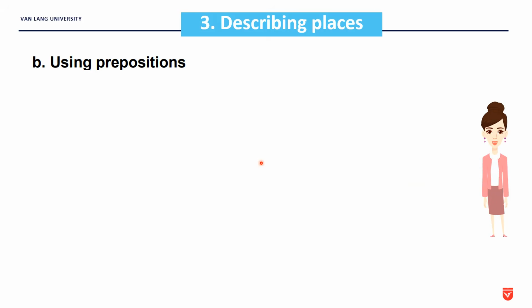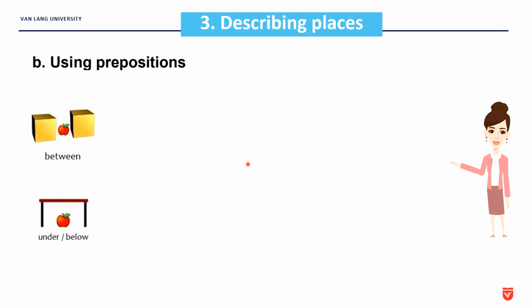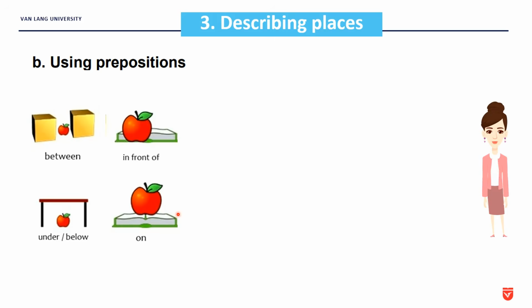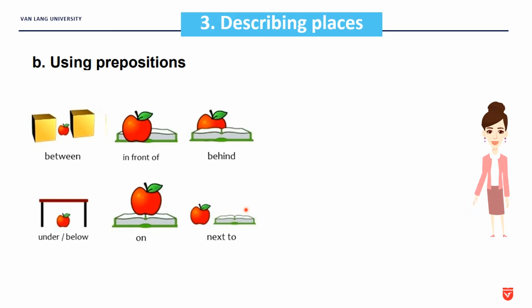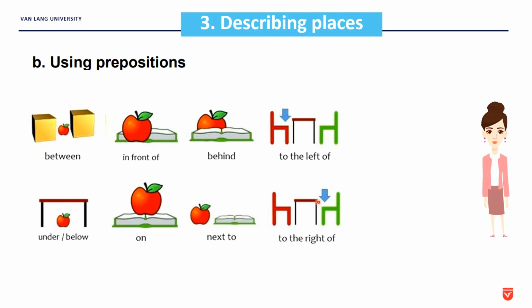Next up, let's learn some prepositions to describe the location of a place. Between, under, below, in front of, on, behind, next to, to the left of, to the right of, in the middle of, and above.